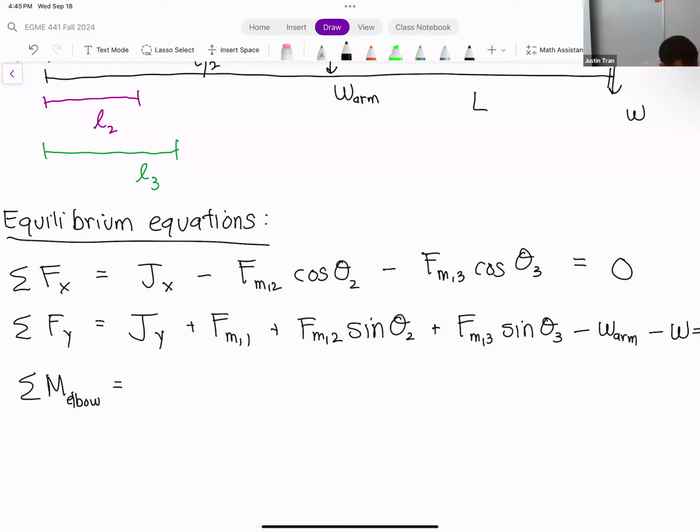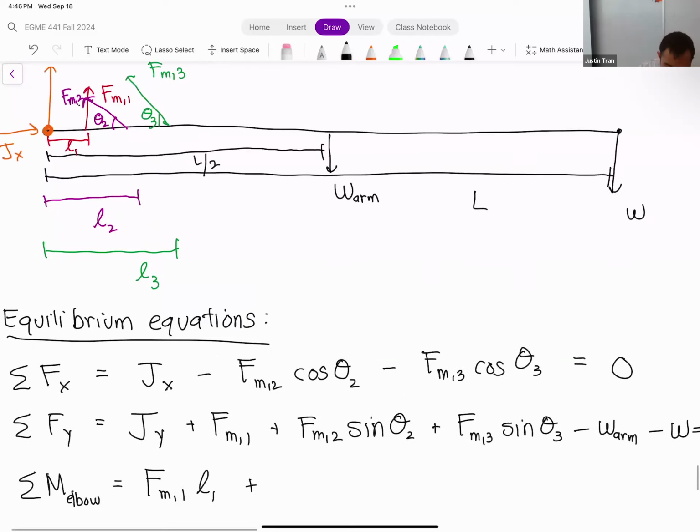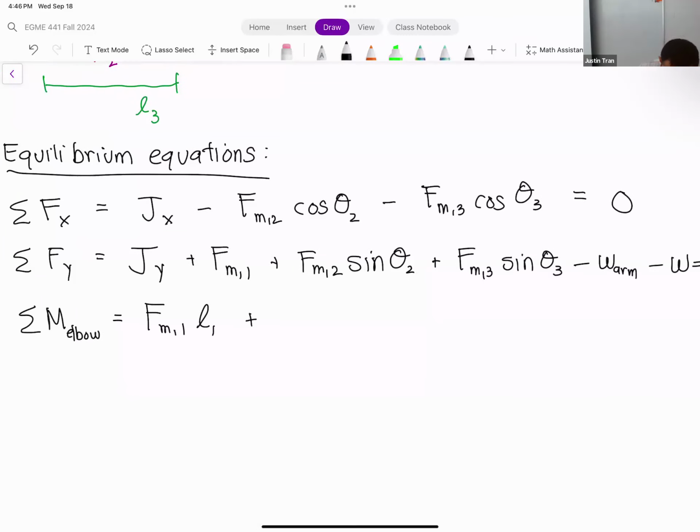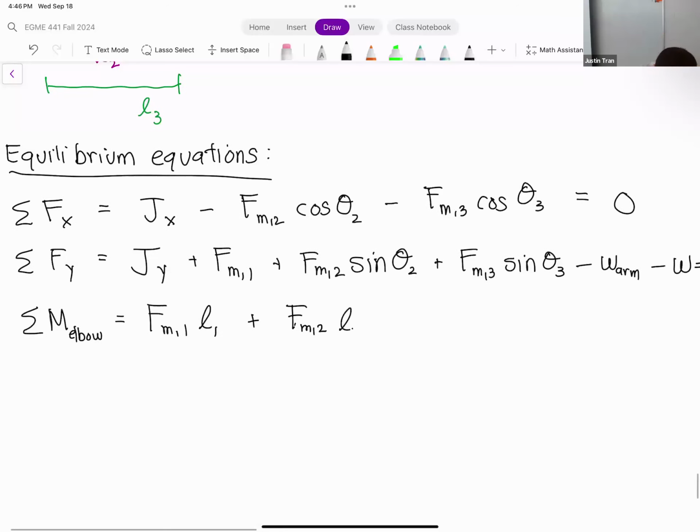Let's go ahead and add these in. First we have FM1 multiplied by L1. We take the component of the force that's perpendicular to the limb itself, multiplied by its distance, or the moment arm. So that's FM1 L1. We use a positive sign because FM1 is producing a counterclockwise moment around the point. Next, we have the contribution from FM2: FM2 multiplied by L2, the moment arm.